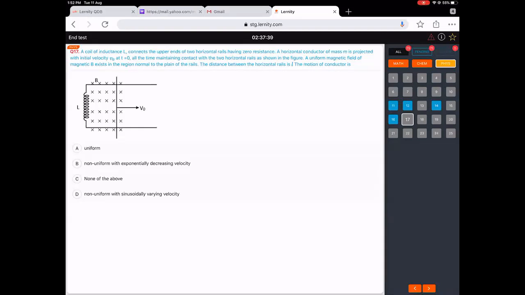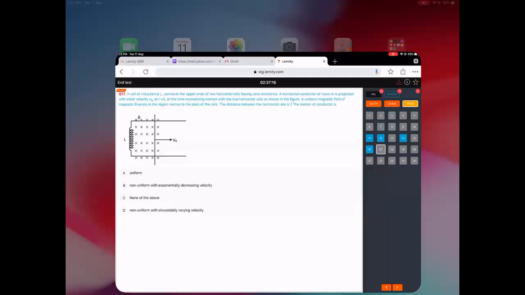The rails have zero resistance. Okay, so let's look at this.